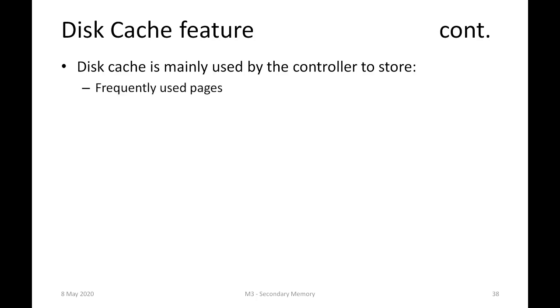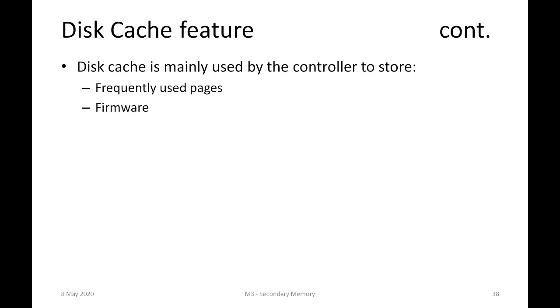Apart from that, it will also note down all the frequently used pages, and it stores them in the disk cache. Here too, as you already realized, the principle of locality is coming into play. All the frequently used pages, or hot pages, are placed in the disk cache in the hope that in the future they will be reused again.